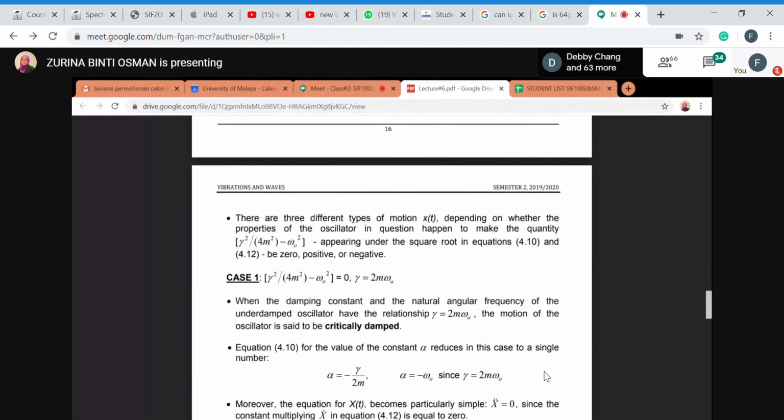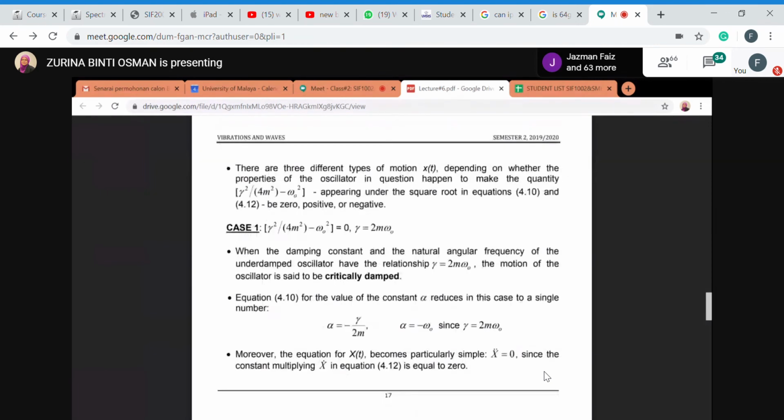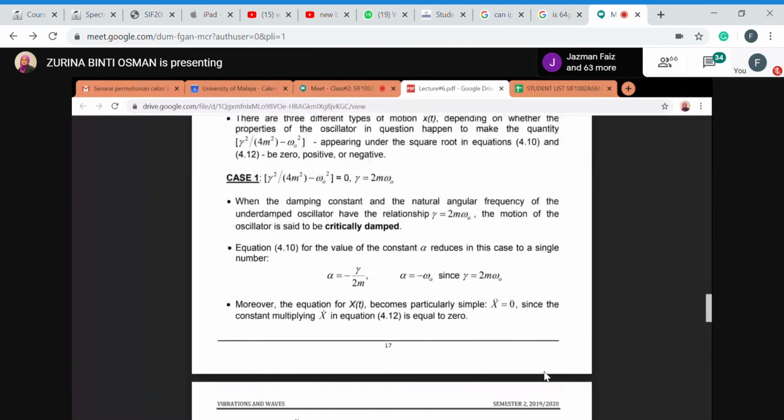For case 1, it is equal to zero, which means the damping constant gamma is equal to m omega naught. This falls under the category of critically damped. To remember this is easier: when it is equal, it is critical.